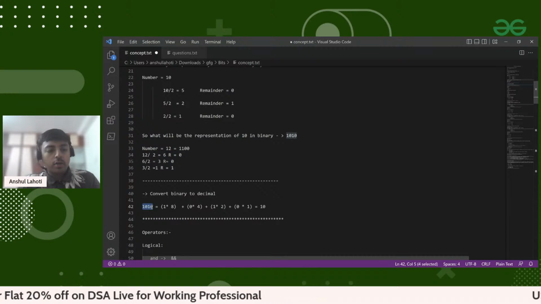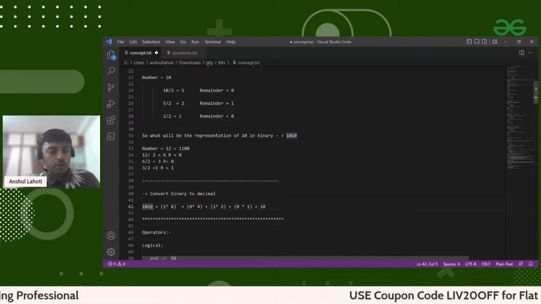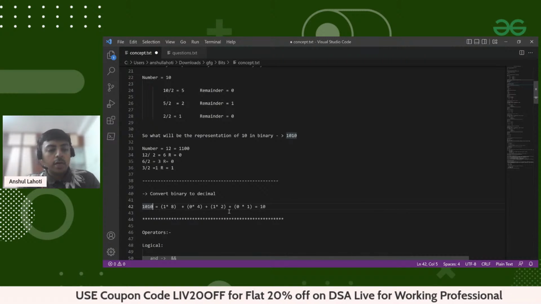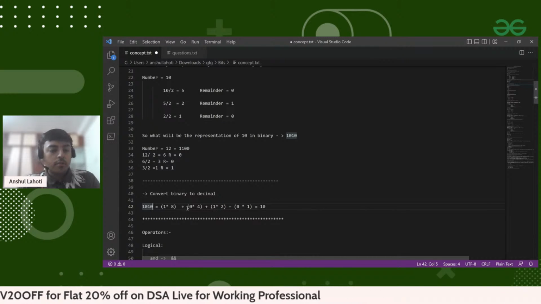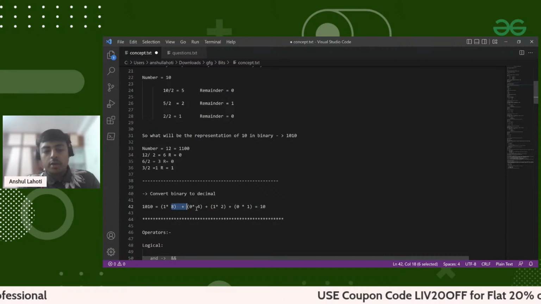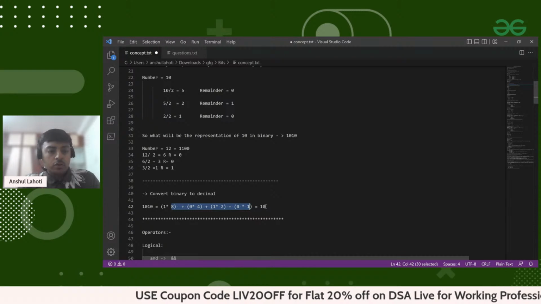First we multiply 0 with 2 raised to power 0. Then 1 multiplied by 2 raised to power 1. Again 0 multiplied by 2 raised to power 2. And again 1 multiplied by 2 raised to power 3. And we add all these bits, and we get 10. So this is the basic conversion.